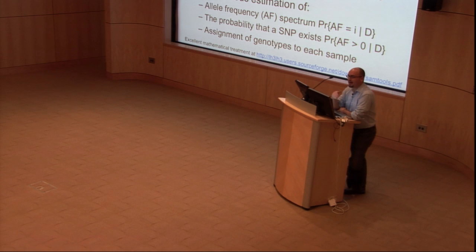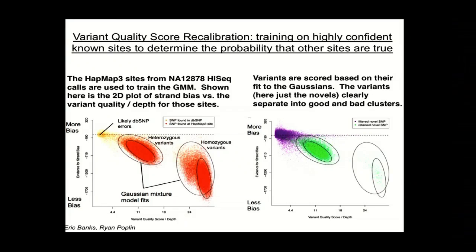You're saying, I have very high confidence that there's definitely something segregating here that has an allele frequency greater than 0. That's really everything that's going on with multi-sample calling. And in fact, if you want details, Heng Li, who's here at the Broad and writes a very impressive suite of tools called SAMtools, has also written a very impressive mathematical treatment of this process. So if you really want to dig into the details, I would recommend looking at that.